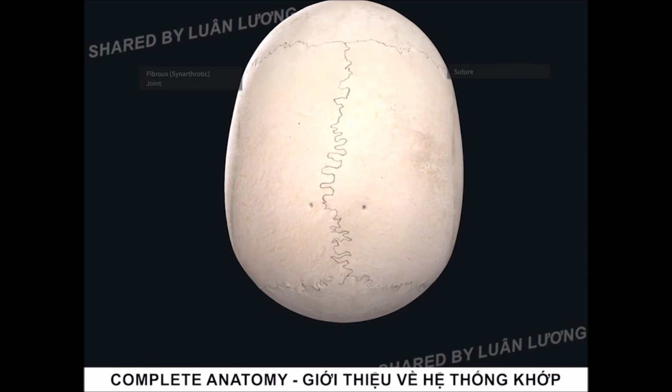Now, if I were to take the same length of line and curl it or bend it, it's going to have more points of contact, and it's going to allow a lot more stability where these bones are going to interdigitate or interlock, kind of like your fingers if you were going to place them against each other. So this interlocking pattern is very characteristic of sutures.